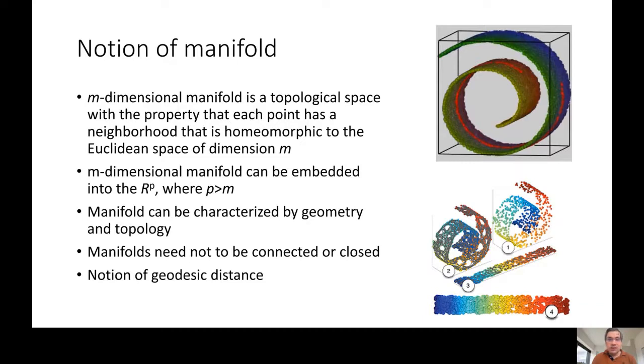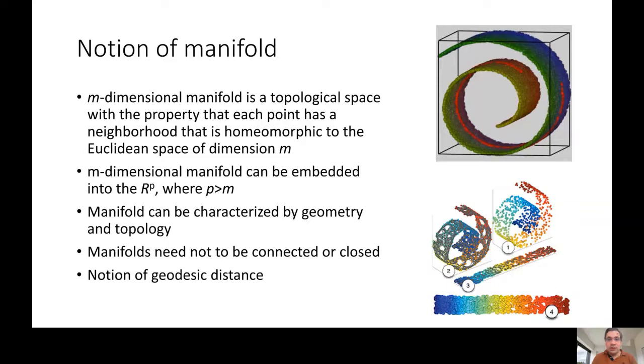Strictly speaking, geometry is defined by the position of points of the manifold in the multidimensional space, and by the global metric, which in mathematical terms is described by so-called Riemannian differential geometry.